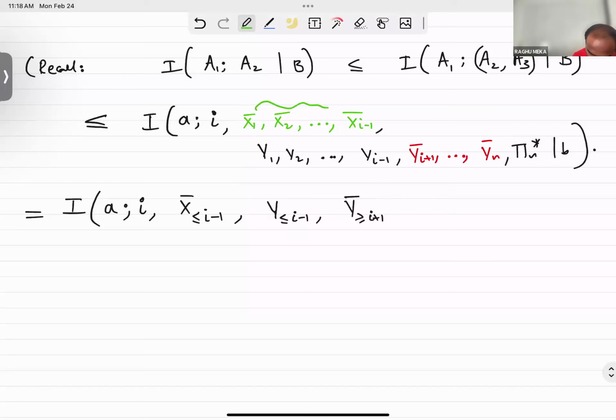My shorthand is that I'm just calling this x bar less than or equal to i minus 1. So all bits less than or equal to i minus 1, and so on.